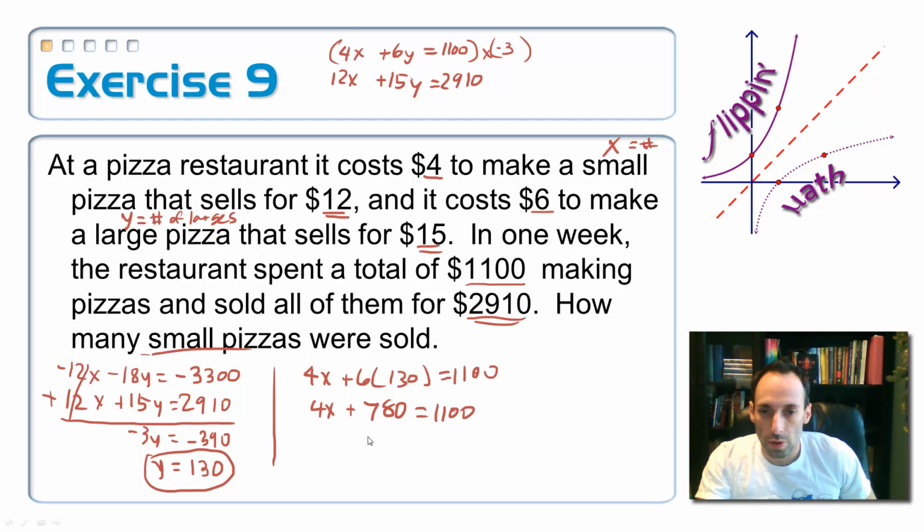And then subtract 780 from this. Here I get 4x is equal to 320. So dividing by 4, I get x is equal to 80 pizzas, 80 small pizzas.